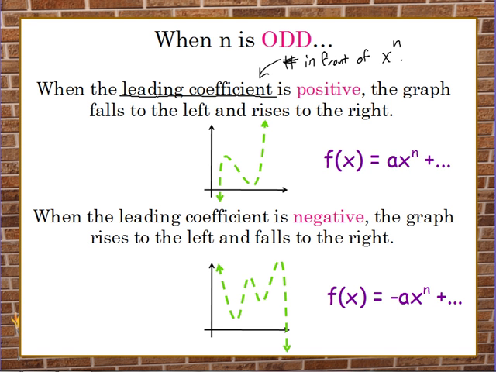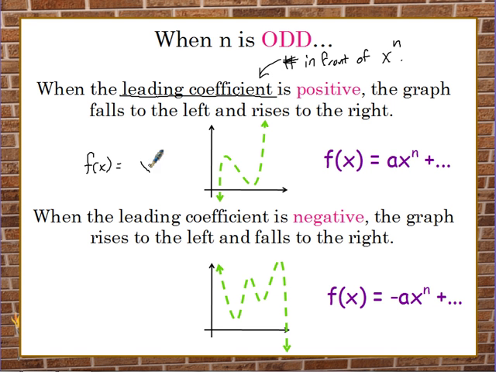Alright, so, again, can you give me an example? Like, give me an example of what my equation would look like for my function to look something like this? Just give me any equation. So I know my exponent would have to be what? Odd. Like what? X to the third.